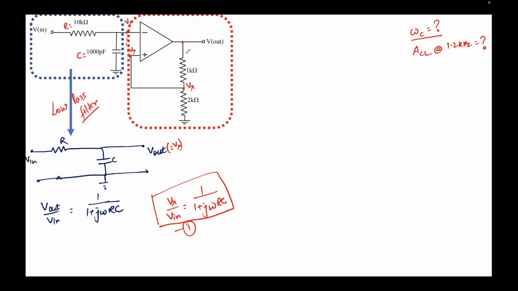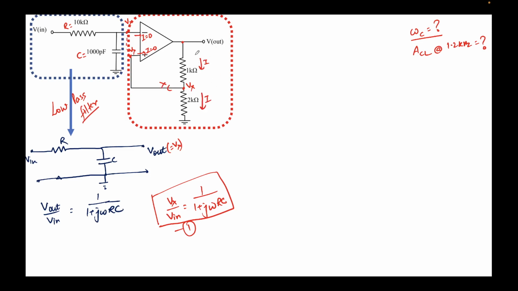Now let's try to apply Ohm's law. Note that the current flowing here would be 0 because this is an ideal op-amp. Similarly, current flowing here would be 0, and let's assume a current I is flowing through this path. Since no current can go here, all the current I has to flow here.